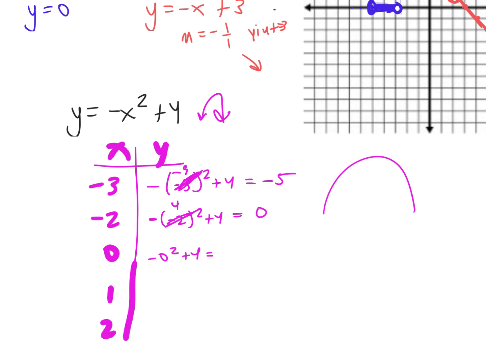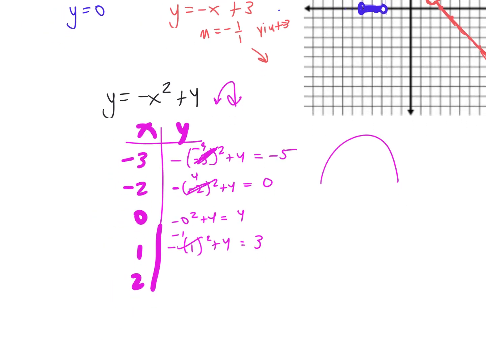is 4. Okay. Now I'm going to plug in 1. Square 1 first. 1. Then I times it by the negative. So it's negative 1 plus 4 is 3. Good. And now I have square 2 first. What's 2 squared? 4.